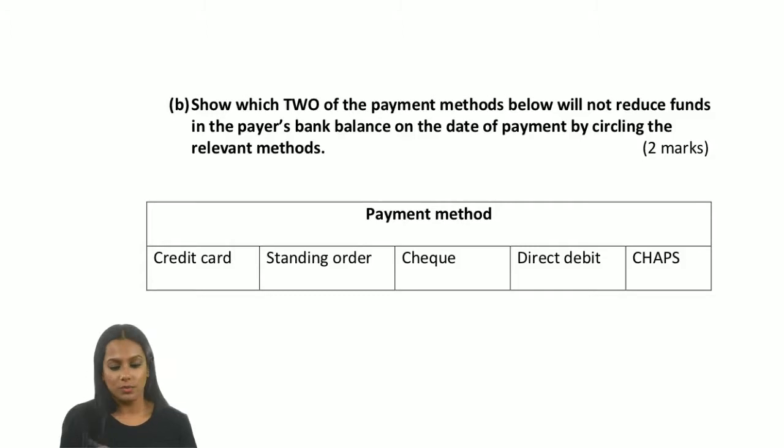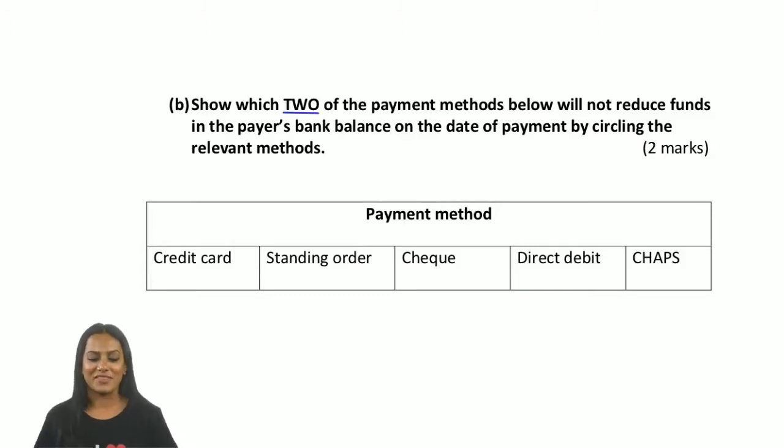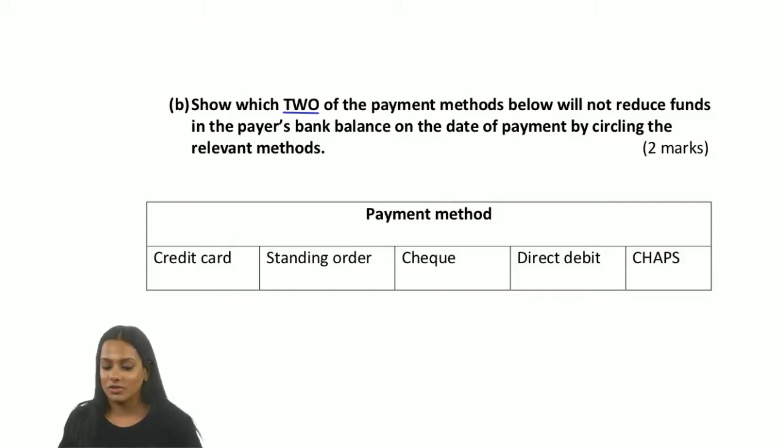Which two of the payment methods below will not, okay, that's a very important word here, will not reduce funds in the payer's bank balance on the date of payment, and you have to circle the relevant methods. So which two will not reduce the bank balance on the date of payment?